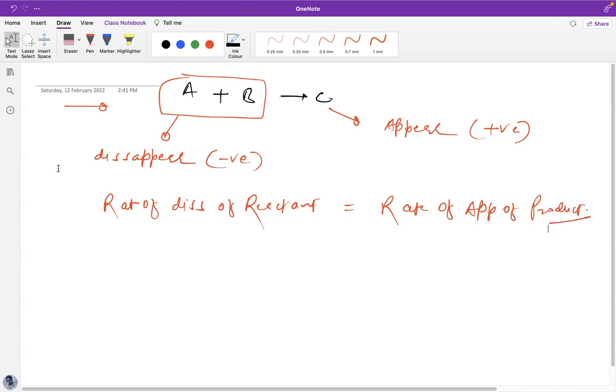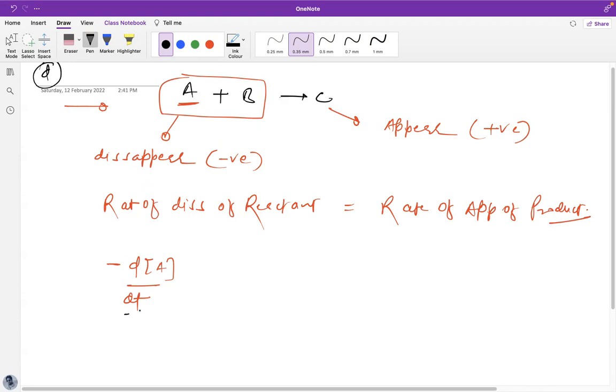So we can write it this way. This is A, so we write minus because this is a reactant, and now you can see change in concentration upon change in time. So we can say minus d concentration of A divided by dt. What is d and dt? Listen, d indicates a small change.